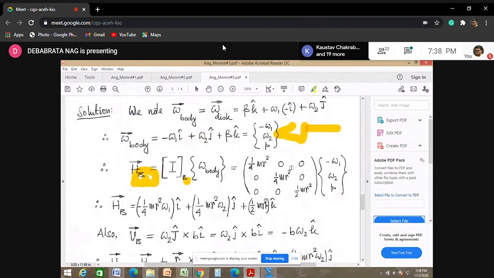I B is very simple. It is something like this, and you can therefore write the center of mass's momentum in this manner. Correct? So one part is done.